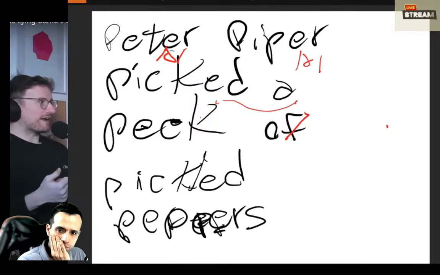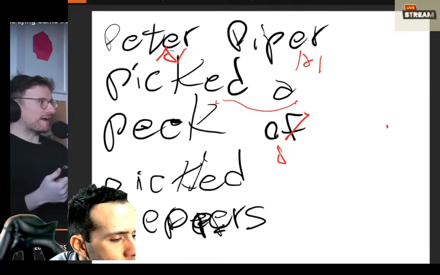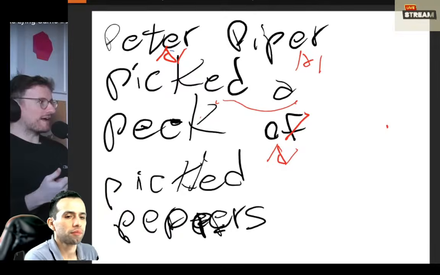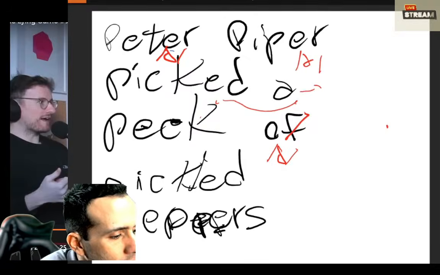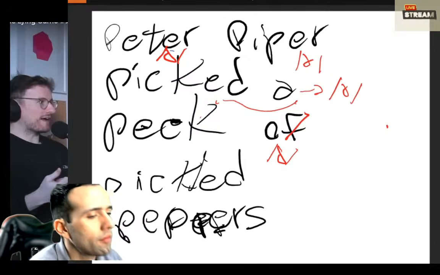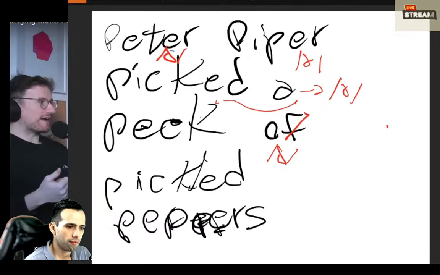The of in peck of is often reduced to just a quick, almost unnoticeable sound, making it flow together as pecker. This kind of reduction is really common in natural speech, helping everything blend smoothly and making the tongue twister even more fun and challenging. Right, so we pronounce that word with a schwa, don't we? Exactly, we do. The of in peck of is typically pronounced with a schwa sound, a very quick reduced sound. This helps the whole phrase flow more smoothly and naturally.